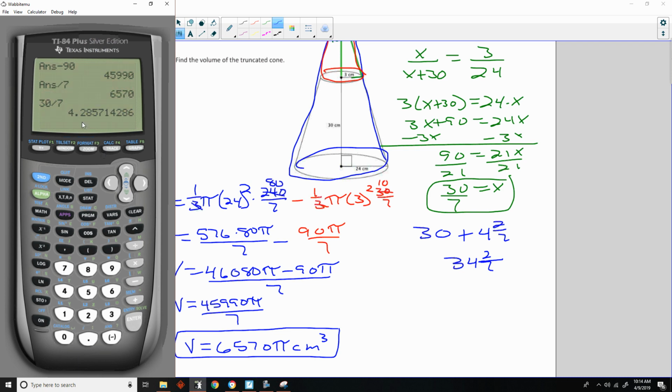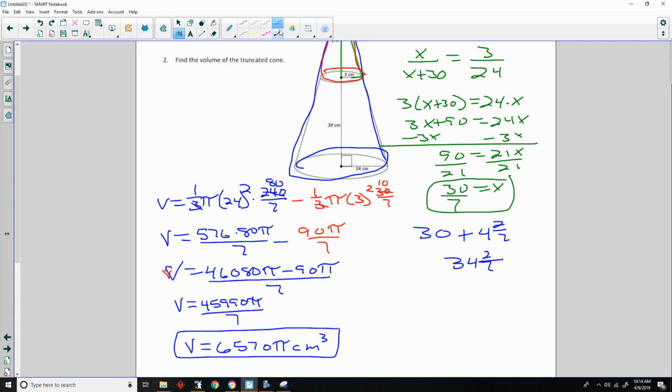So when we got that 4.2857 blah blah blah, and I round that, I would say x is approximately 4.3. I rounded on my very first step. So then this 4.3 would have been substituted in here instead of 30 over 7. It would have been right here, 4.3.